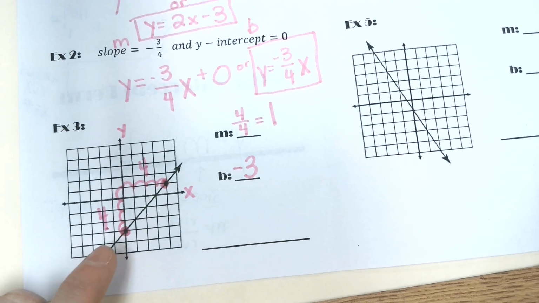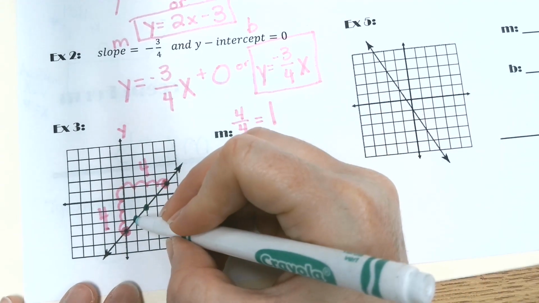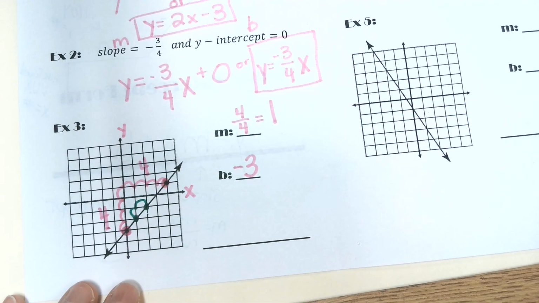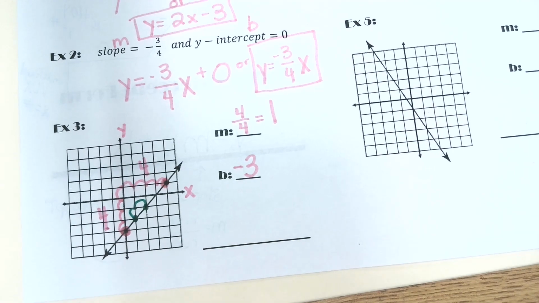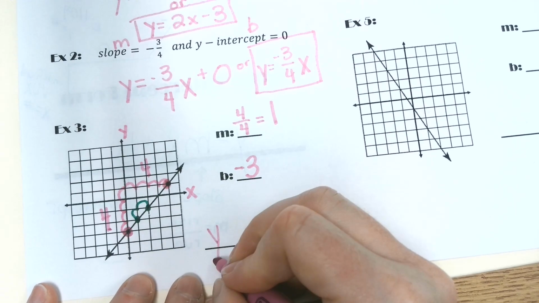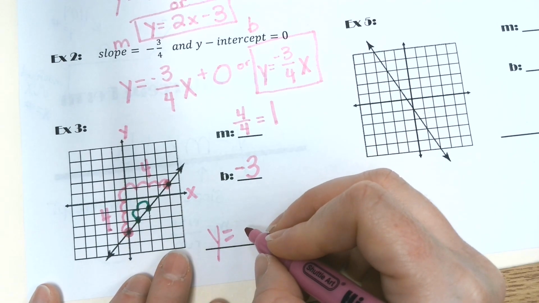So what that actually means is I could have gone from this point to this point. See how it's rise 1, run 1. So it doesn't matter which 2 points you go from and to. So let's go to y equals mx plus b.